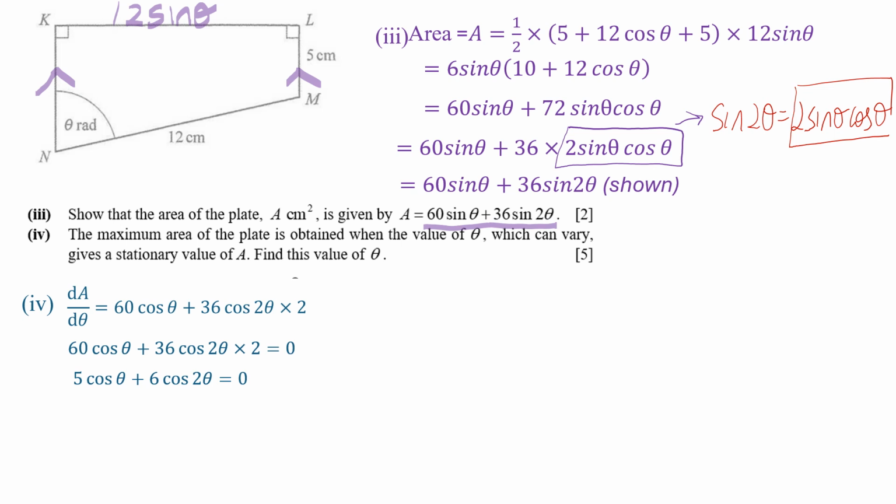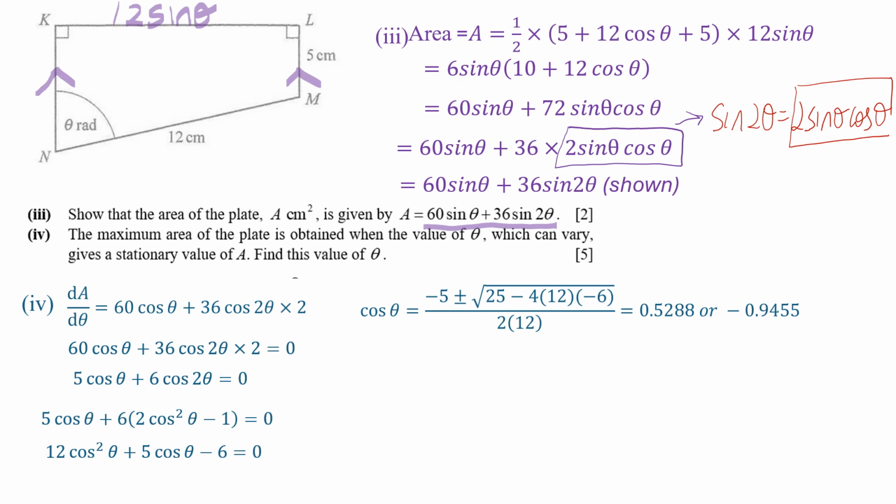To solve it, cos 2 theta, remember your double angle? We can replace it by 2 cos squared theta minus 1. Why do I want to do that? So that I can generate a quadratic equation. In this case, I have to solve using the quadratic formula, because the value for cos theta is not a whole number, so you can't use your trial and error method. You have to use the quadratic formula. That is the difficult part.